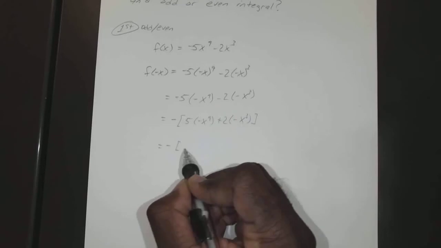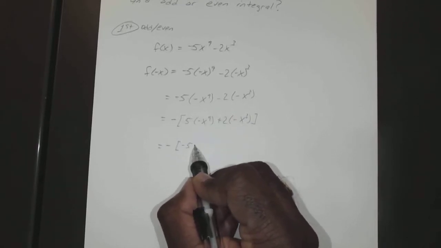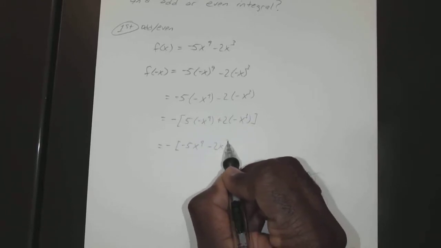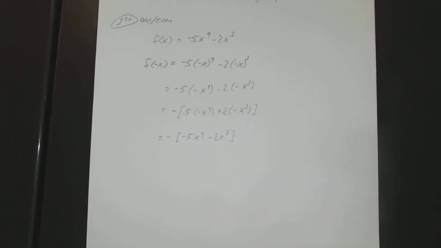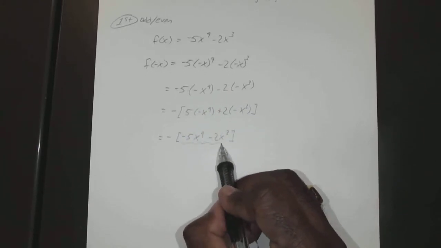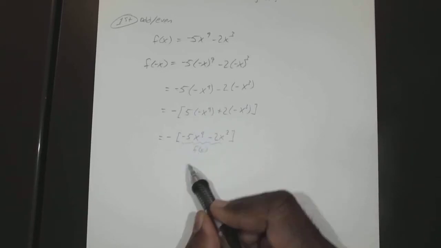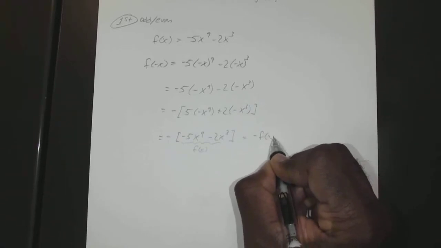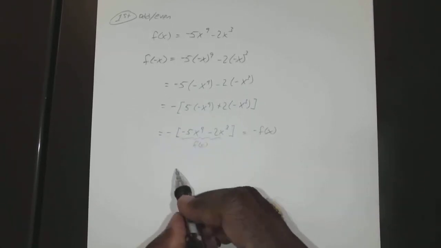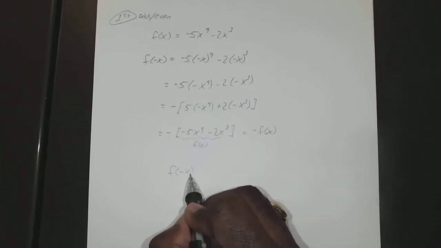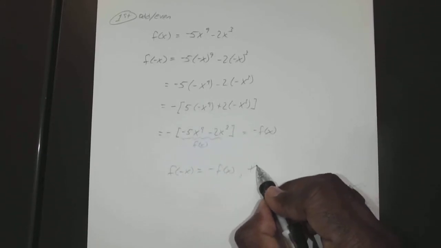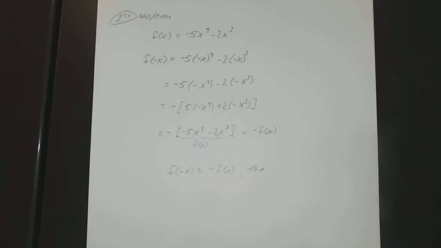So that's negative 5x to the ninth minus 2x to the third, where this is actually your f of x. So you have the negative of your f of x. Okay, so since our f of negative x equals the negative of f of x, the function is odd.